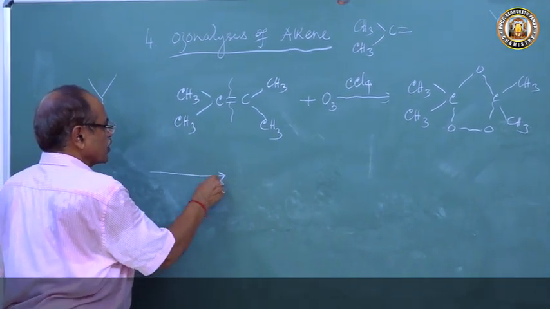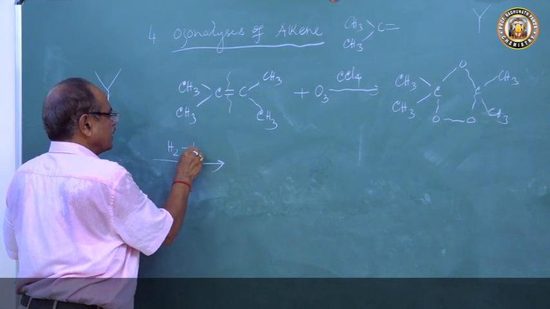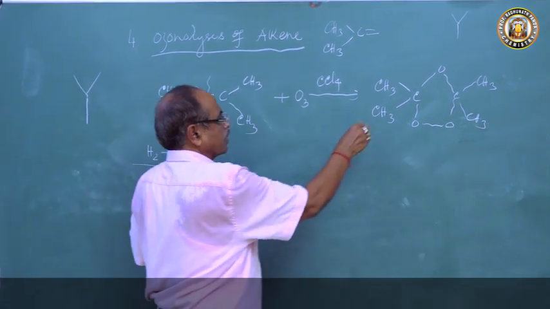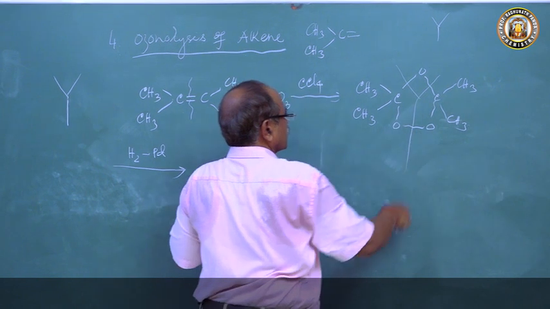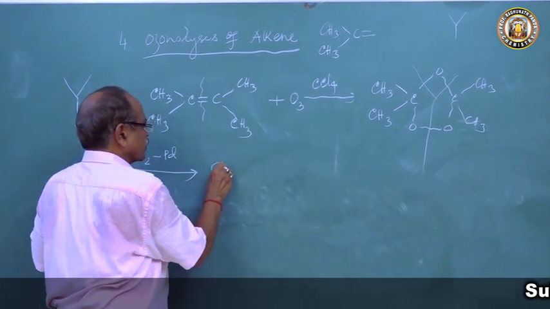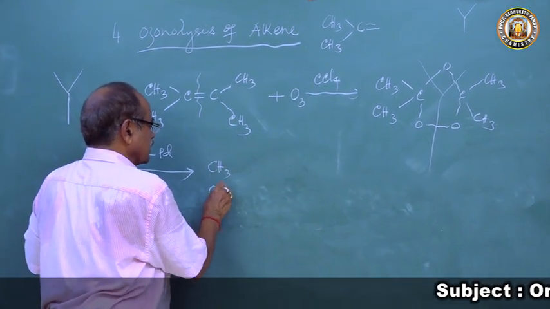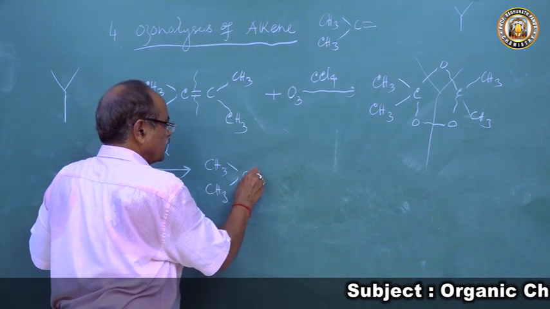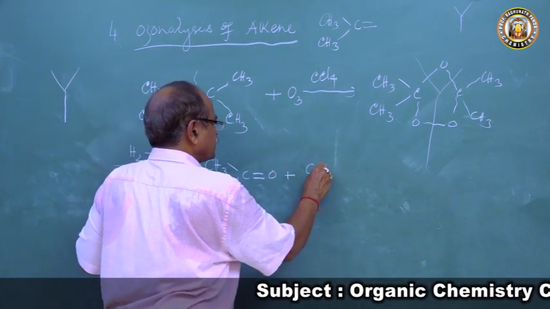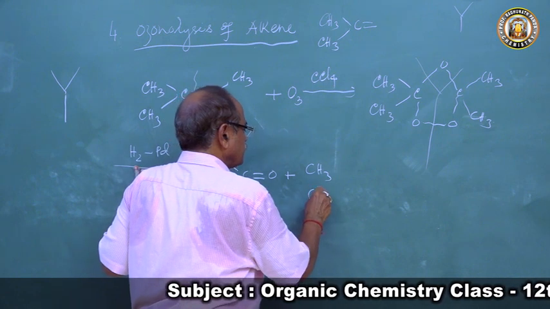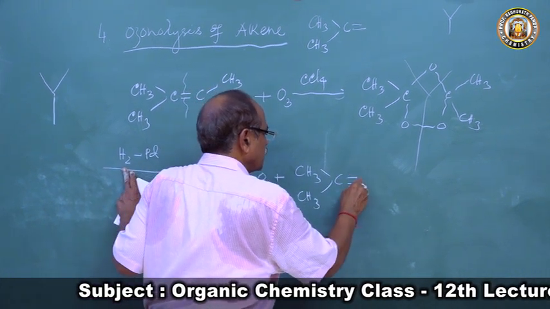Upon hydrogenation, with hydrogen and palladium, it will break in a Y bend. This will produce two molecules of acetone, CH3CH3CO plus CH3CH3CO, plus water.